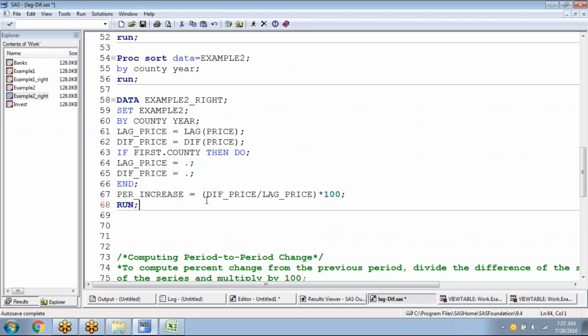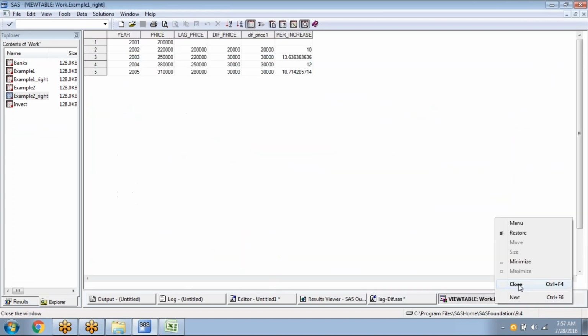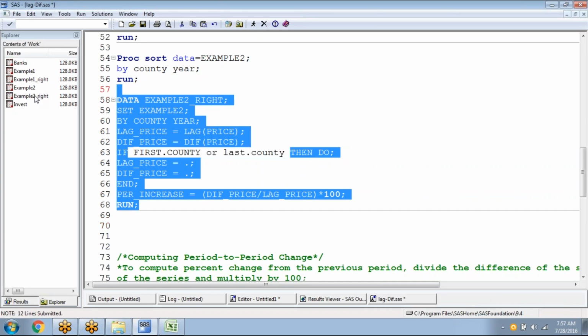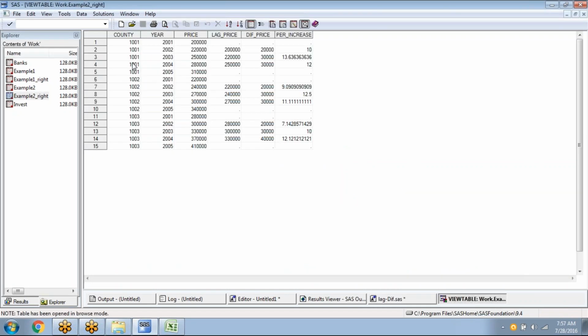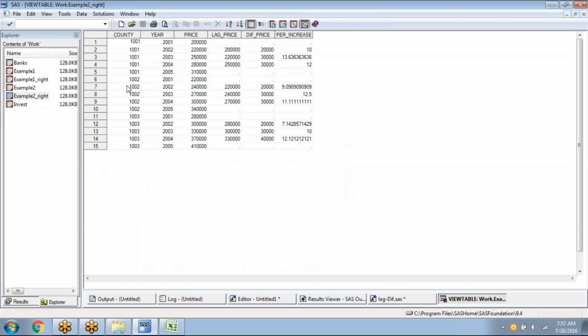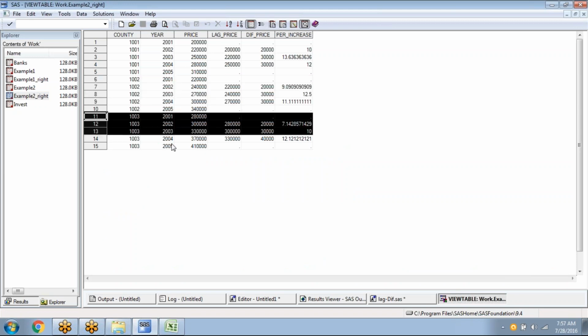If I say if first dot county equals 0 or last dot county, then for the last records of each county as well, you'll get missing values. Here for this county, both first and last are missing. Also for county 1002 and county 1003, both first and last are missing.